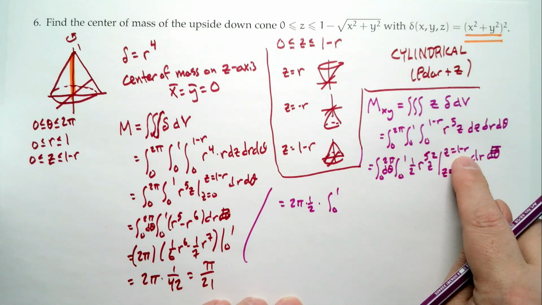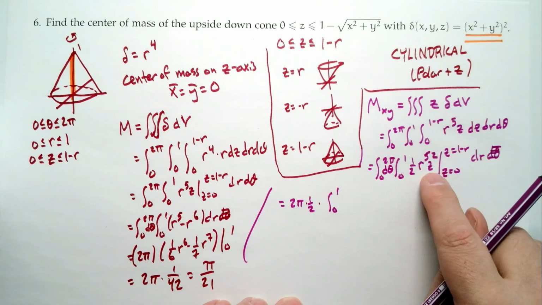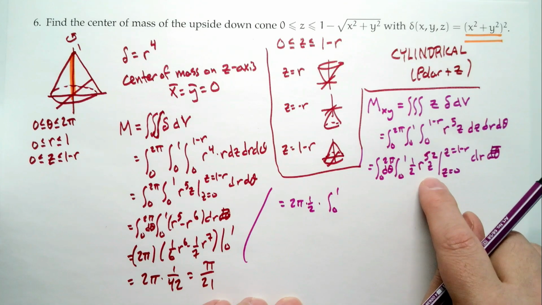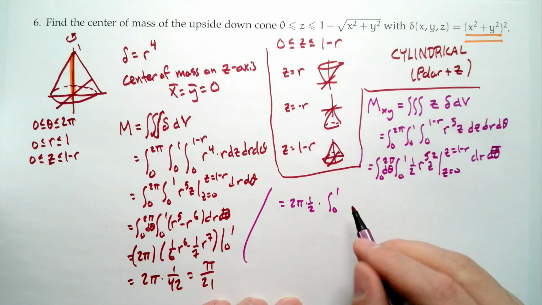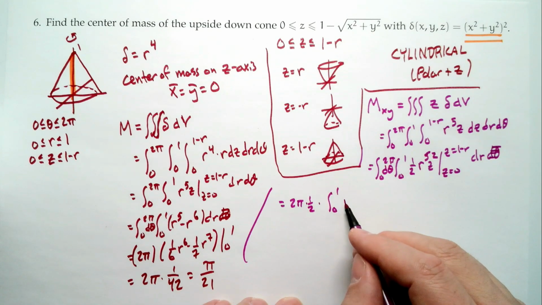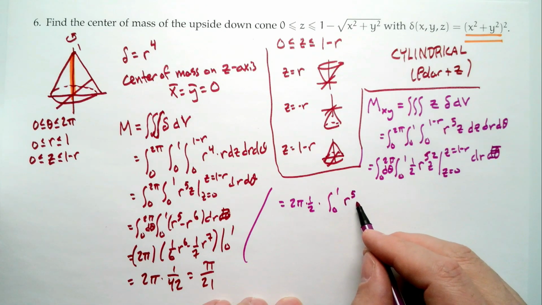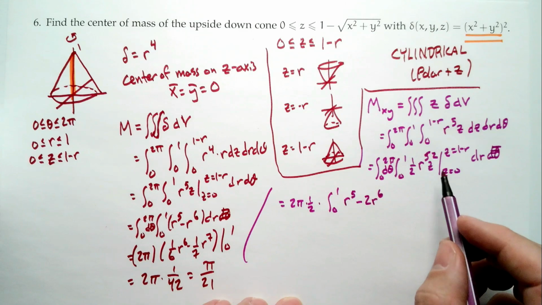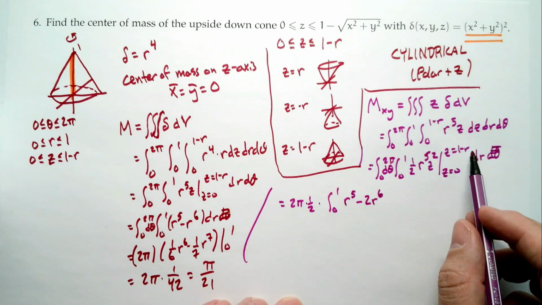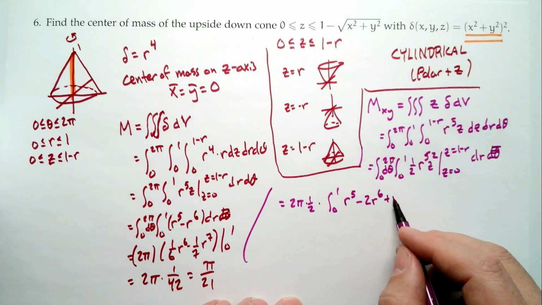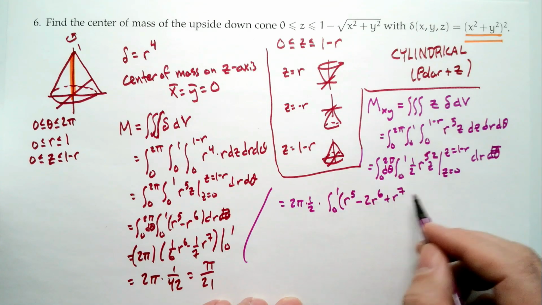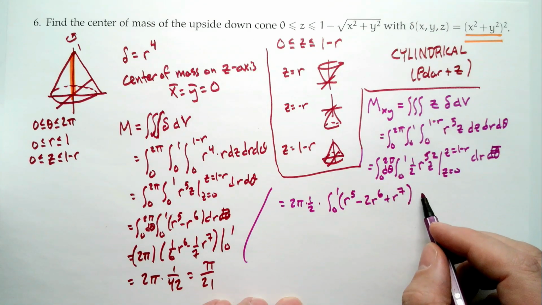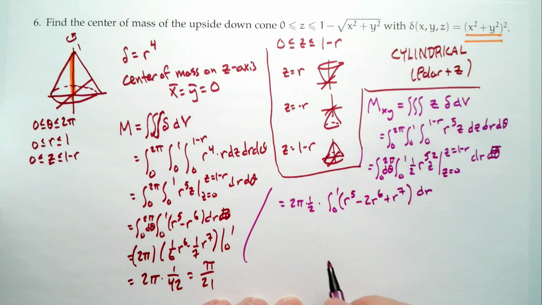So 1 minus r squared would be 1 minus 2r plus r squared. But I'm multiplying by r to the 5th. So it would be 1 times r to the 5th minus 2r times r to the 5th, so that's 2r to the 6th, plus r squared times r to the 5th, which is r to the 7th. And that's going to be dr.